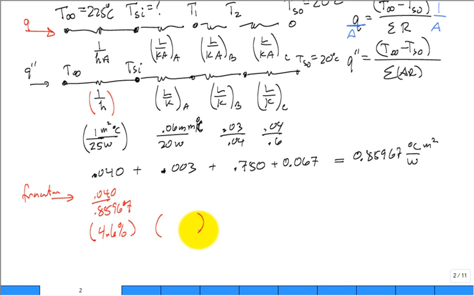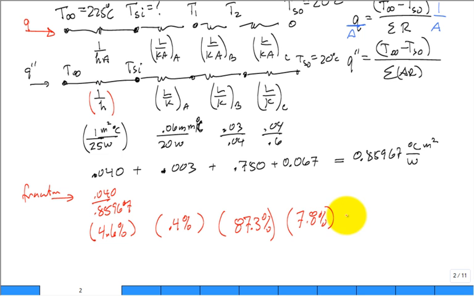I do it for the slab A, 0.4. That's not 4%, it's 0.4%, less than 0.5%. And then the next one is 87.3%, and then the next one is 7.8%.